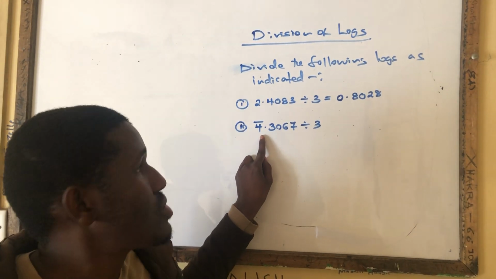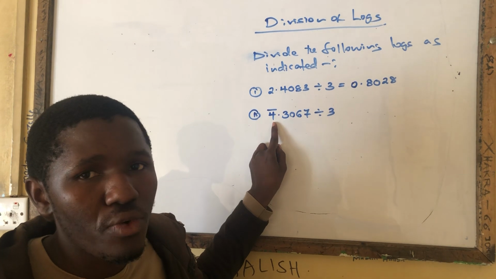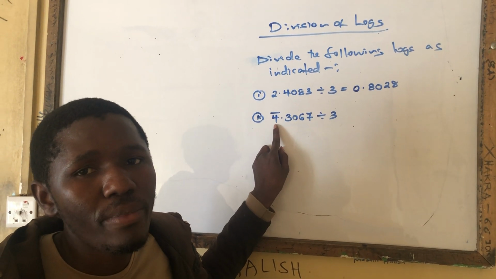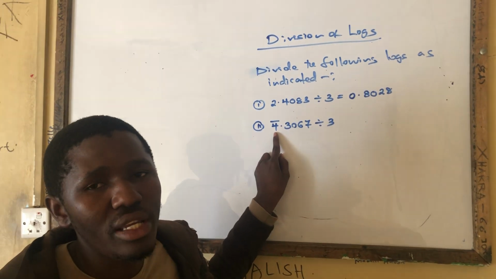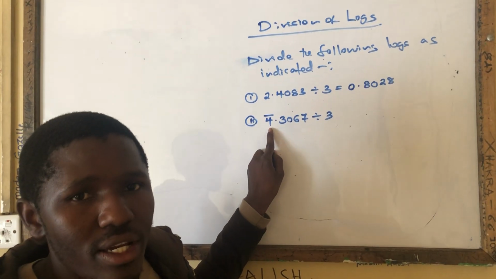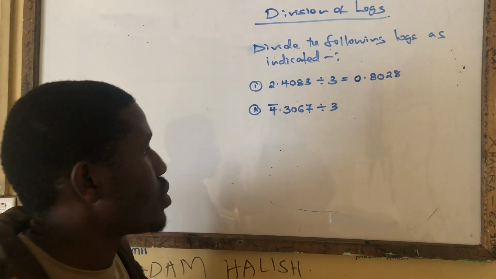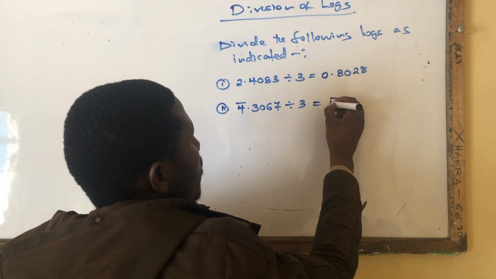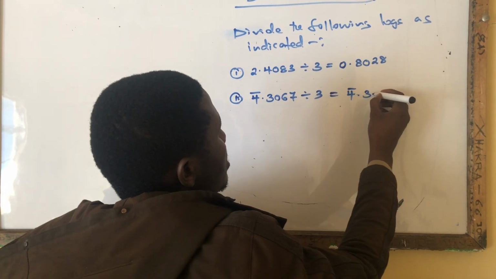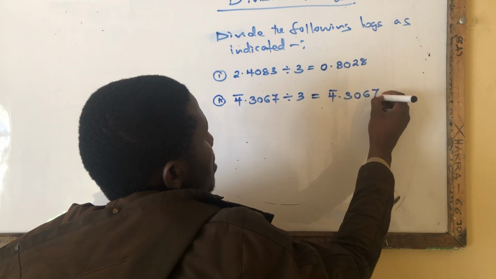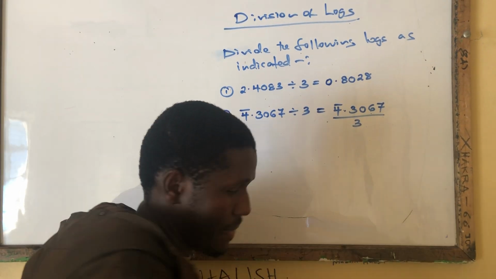You are advised to exercise a lot of caution when dividing logs, especially when the characteristic carries a negative. Follow this with me. We have bar 4.3067. We want to divide by 3.